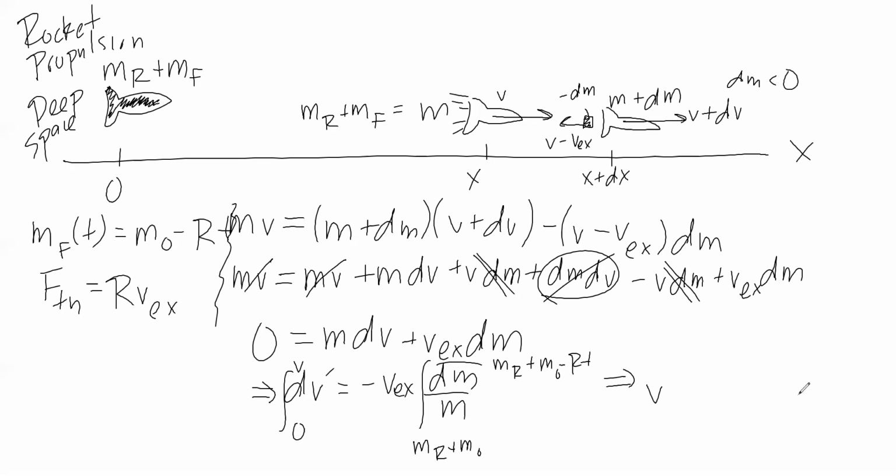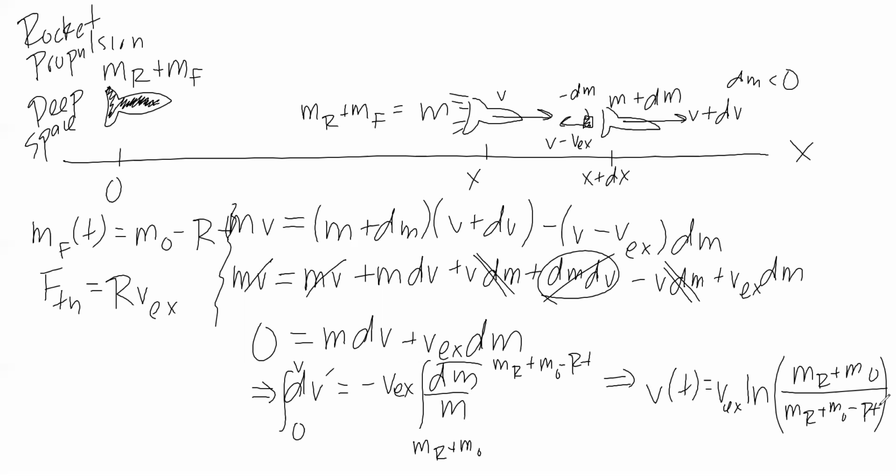So basically the final result is that we have V of t equals exhaust velocity times natural log of the initial mass, so mass of the rocket plus initial mass of the fuel, divided by mass of the rocket plus initial mass of the fuel minus Rt.